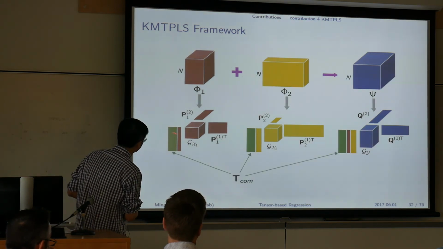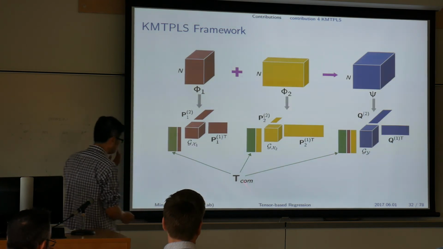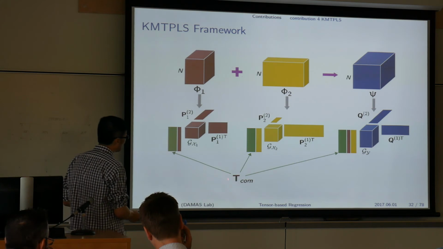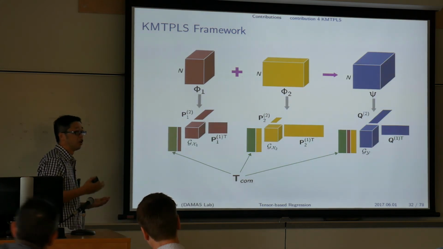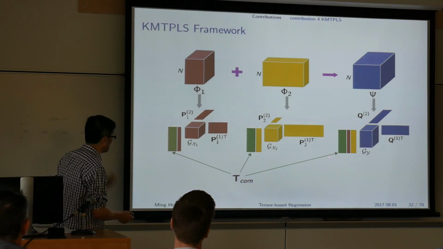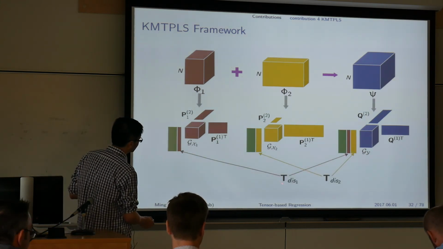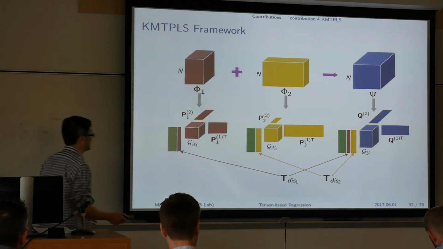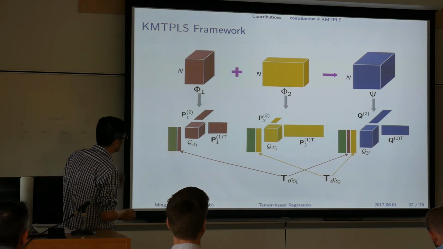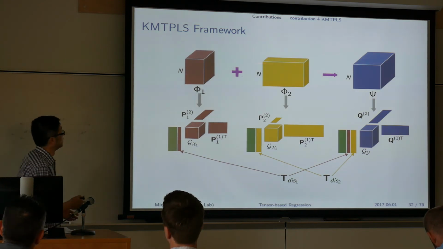And here, T common represents the common latent matrices in the original dimension, and the common part captures the variation that is present in all predictor blocks, such that it describes what all predictor blocks have in common. And the discriminant parts, T discrete 1 and T discrete 2, represent the individual latent matrices associated with phi1 and phi2, and the individual part just explains the variation in their own individual block.